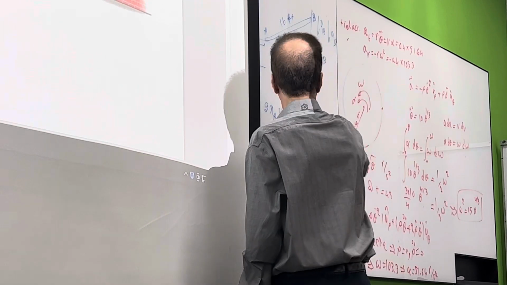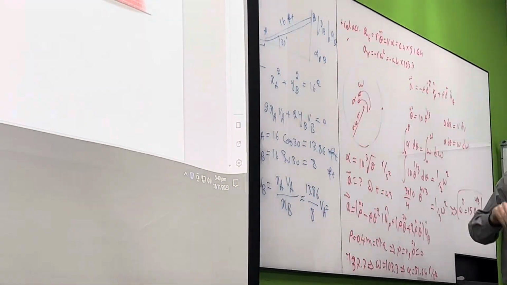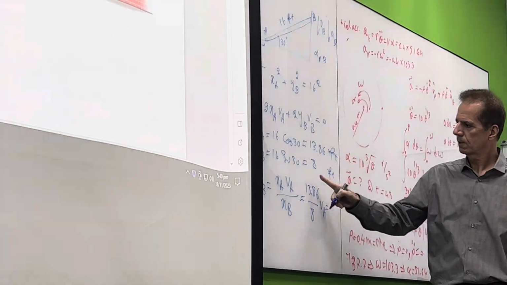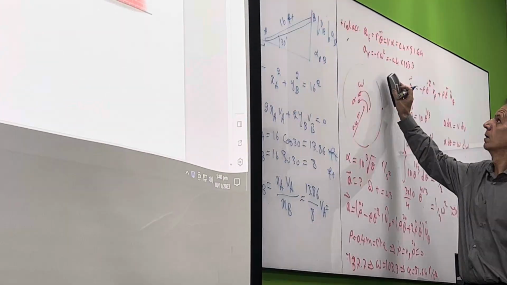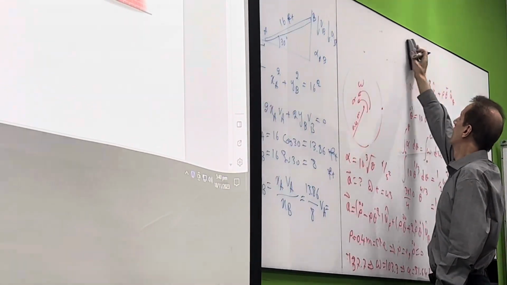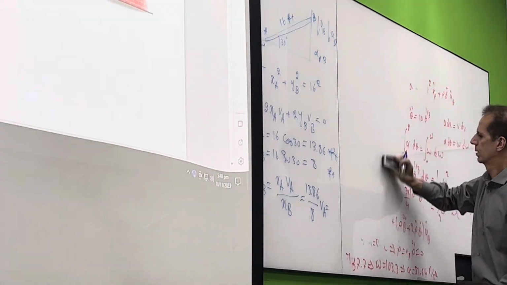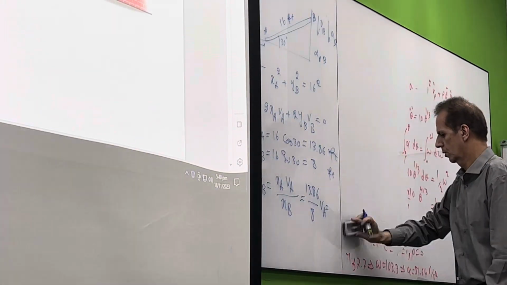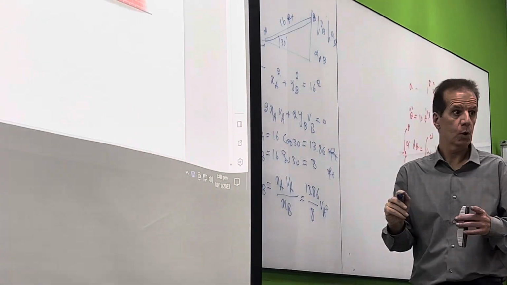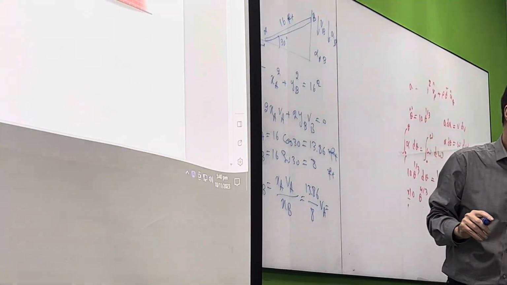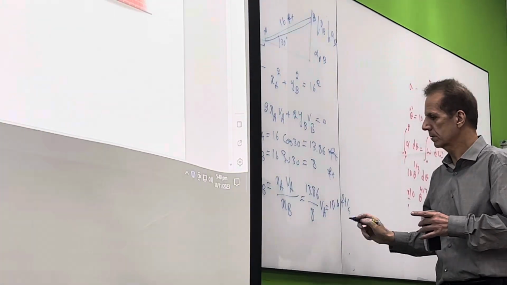VA is given, VA is 6 feet per second. So 6 feet per second multiplied by that, give me the number. 10.4 feet per second.